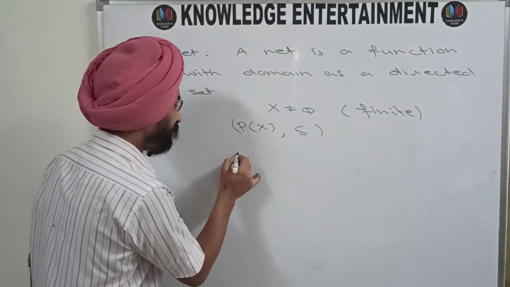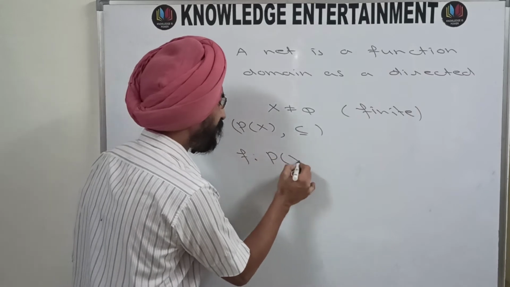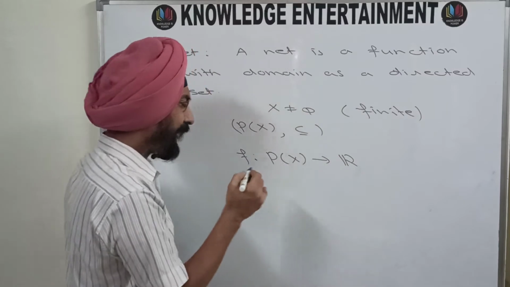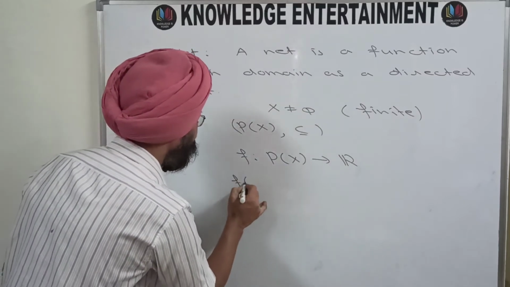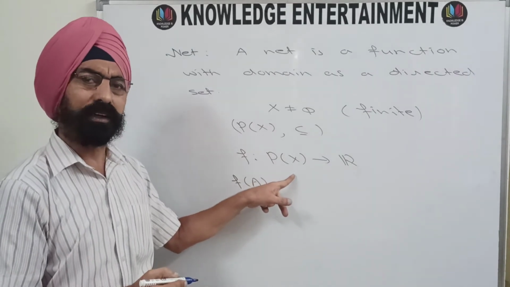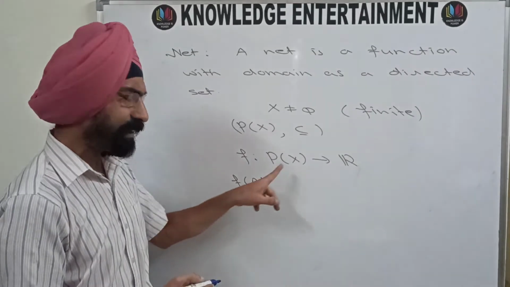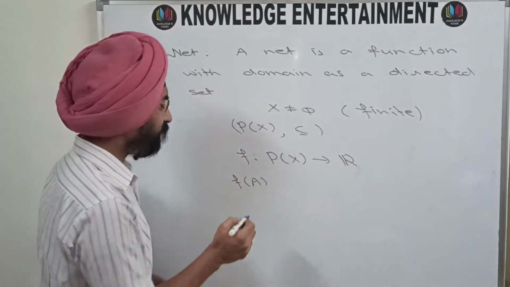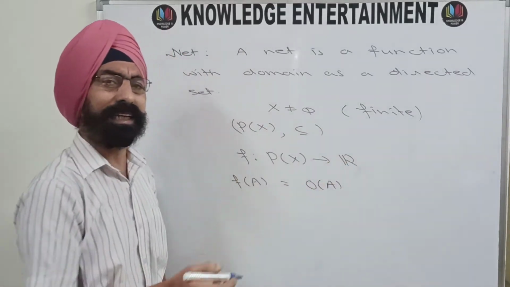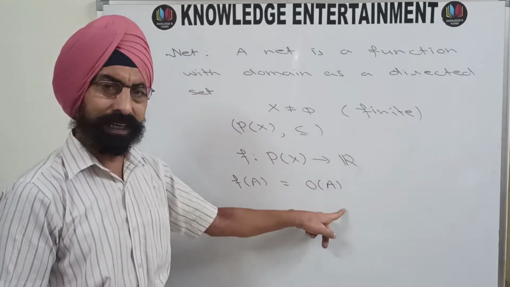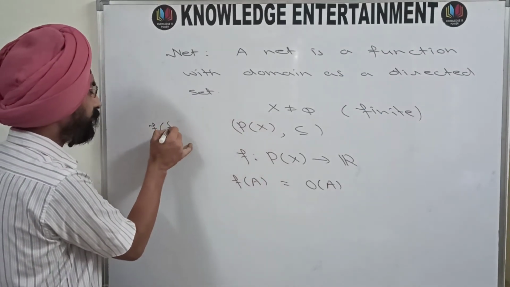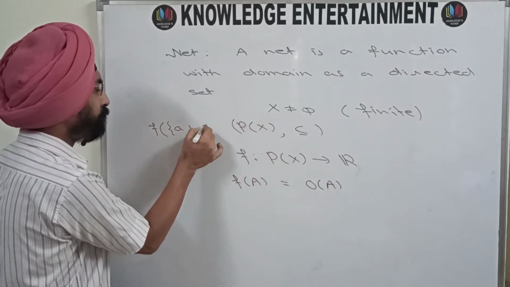And define a function f from the power set of X to R as f of A, where A is a member of the power set of X. Members of the power set of X are subsets of X, so A is a subset of X. Define f of A as the order of A, that means the number of elements in A. Suppose A is {a, b, d}.